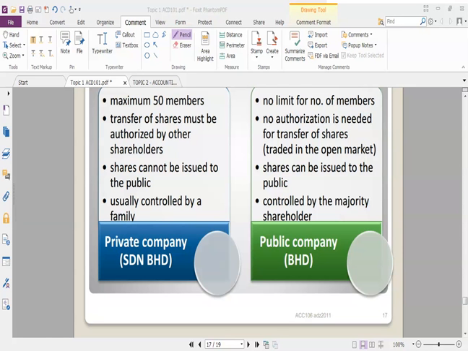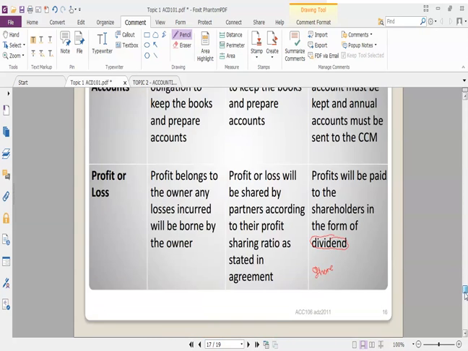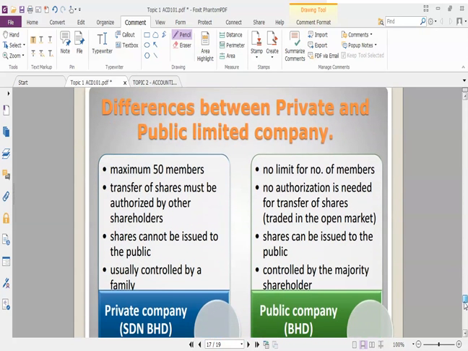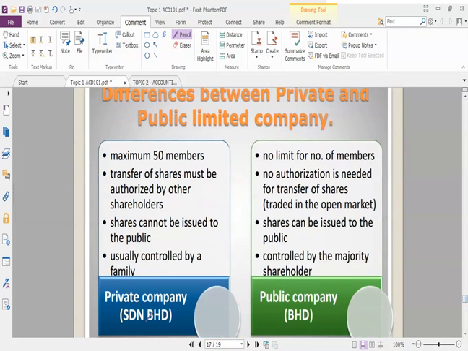Okay, so shall we continue? Let's look at another slide, regarding the differences between private and public limited companies. A private company has Sendirian Berhad, SDN BHD, at the end of the company name, while a public company usually has BHD. A private company has a maximum of 50 members.